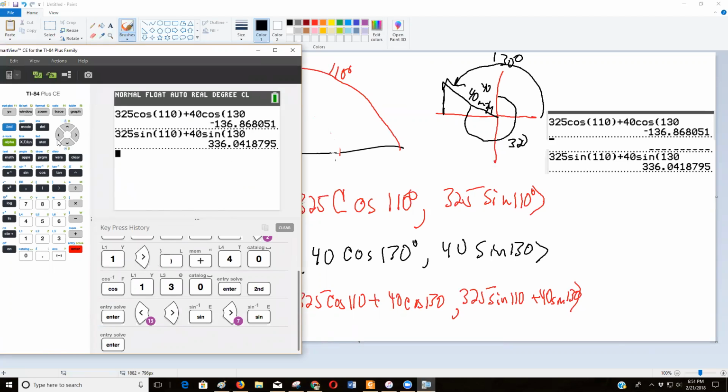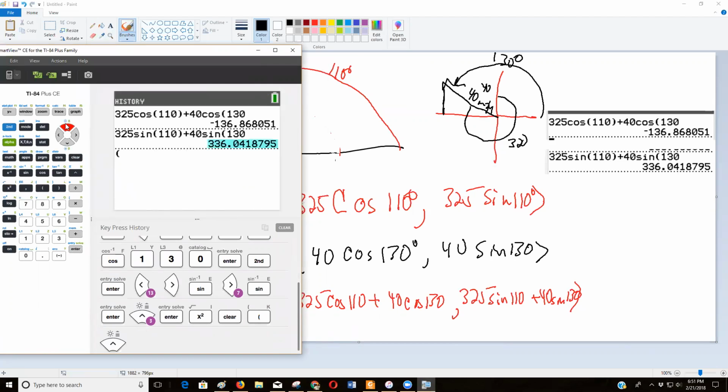But what I can do is come up and grab that number. I'm going to hit the X squared key. Actually, clear. You know what I'm going to do is put that in parentheses. So if I just square it as is, it's not going to be a positive number. And then I'm going to square it, and then I'm going to add.